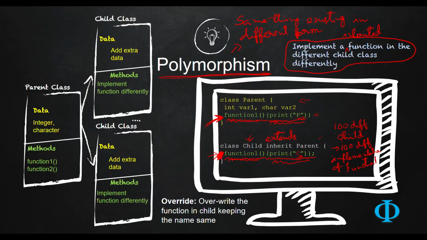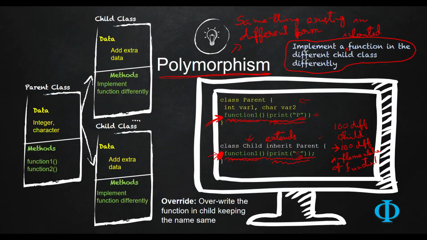So this is possible. Since the same function 1 is getting many different forms inside the same Java program, that's why it is called polymorphism. It is like the same function existing in many different forms.